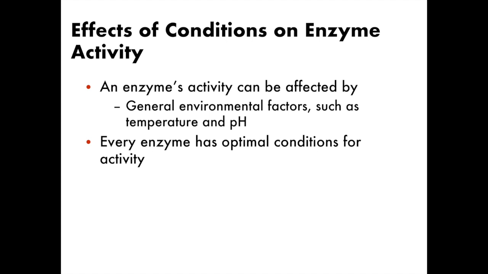So, an enzyme's activity can certainly be affected by chemical factors like temperature and pH. Every enzyme has optimal conditions for activity. So we can make enzymes work or not work by changing the conditions in a cell or an experimental setup.